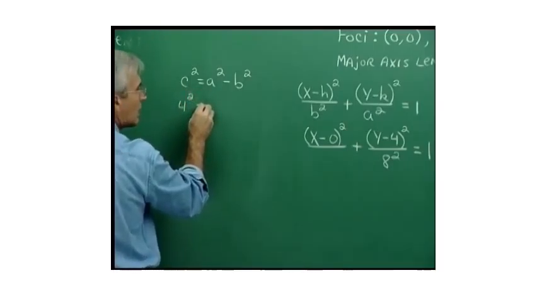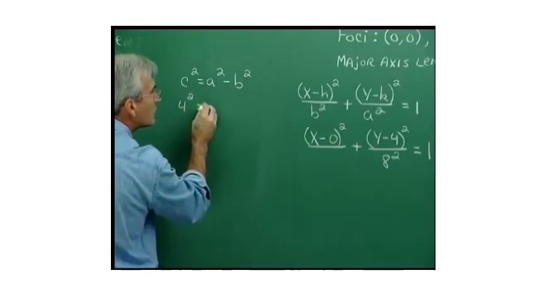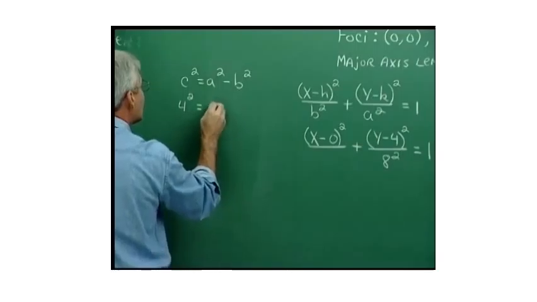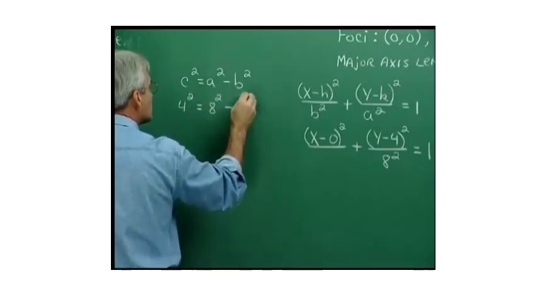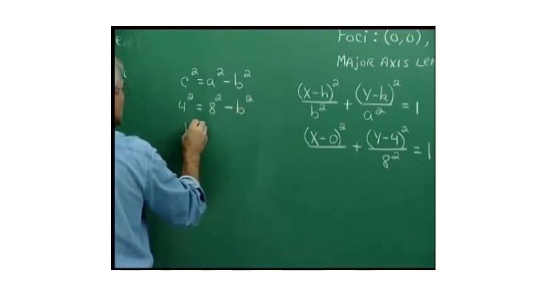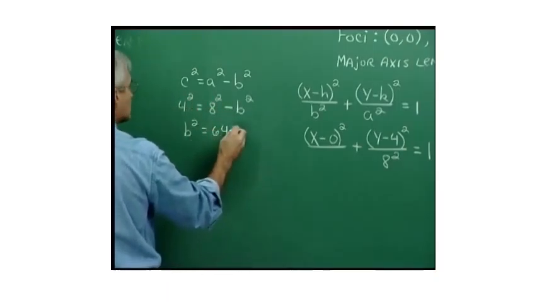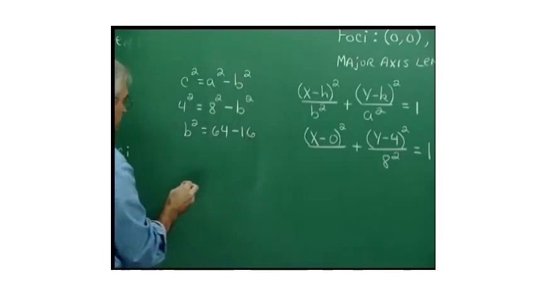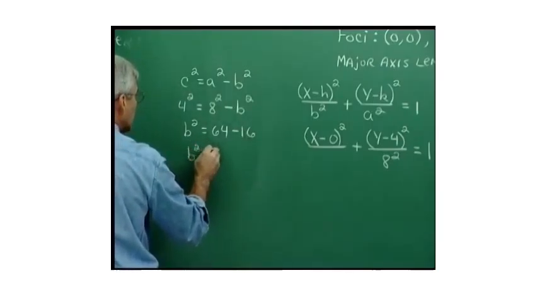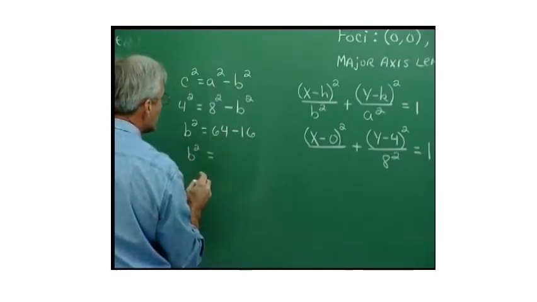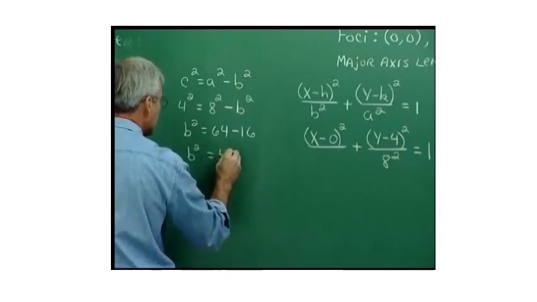So 4 squared is, the A distance is 8, so we have 8 squared minus B squared. B squared then is equal to 8 squared 64, 4 squared 16. So B squared then is 64 minus 16, about 48.